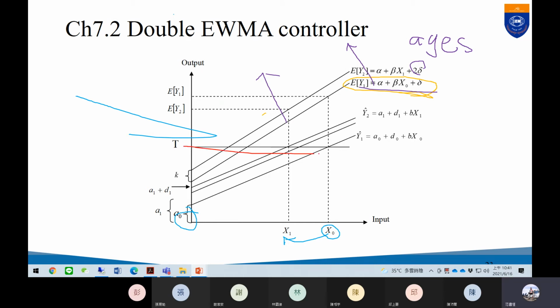So this is the target we'd like to achieve. The target level, so we need to just move inward on the controllable factor.